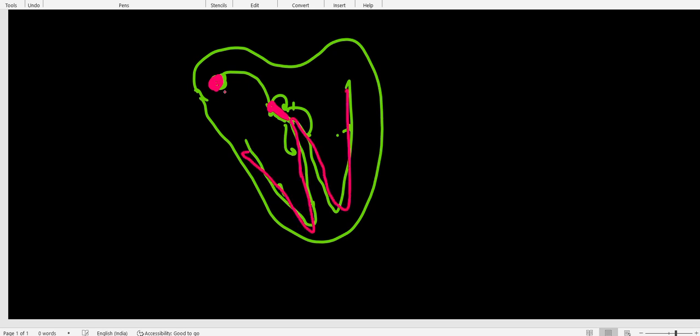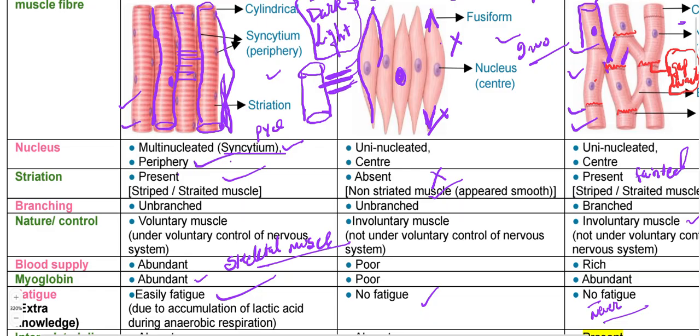Now the impulse has to pass from SA node to AV node to AV bundle to bundle of His, and from bundle of His to Purkinje fiber. This impulse has to pass very fast. Now if there is no gap junction, how will these impulses pass from cell to cell? So this is the characteristic feature, a very important PYQ characteristic feature of the cardiac muscle.